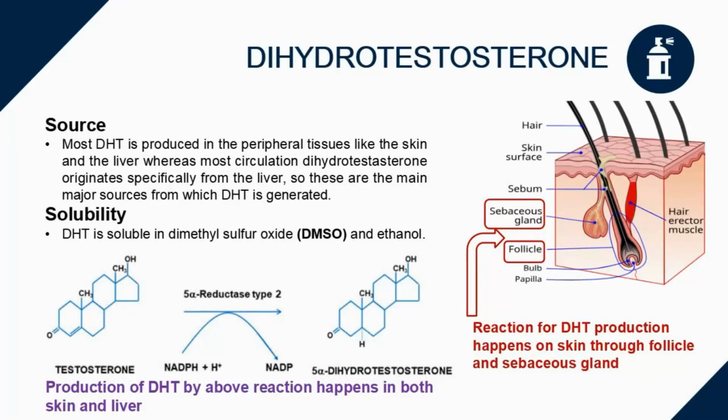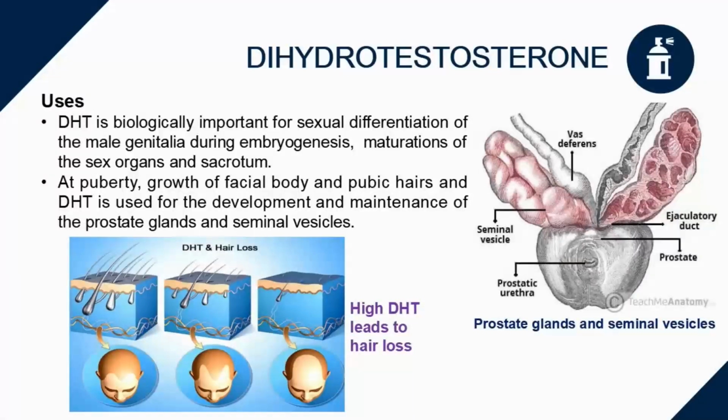Dihydrotestosterone is soluble in dimethyl sulfoxide and ethanol, and when we see its uses, DHT is biologically important for sexual differentiation of the male genitalia during embryogenesis, maturation of the sex organs and scrotum at puberty, and growth of facial, body, and pubic hairs. And DHT is used for the development and maintenance of the prostate gland and seminal vesicles.